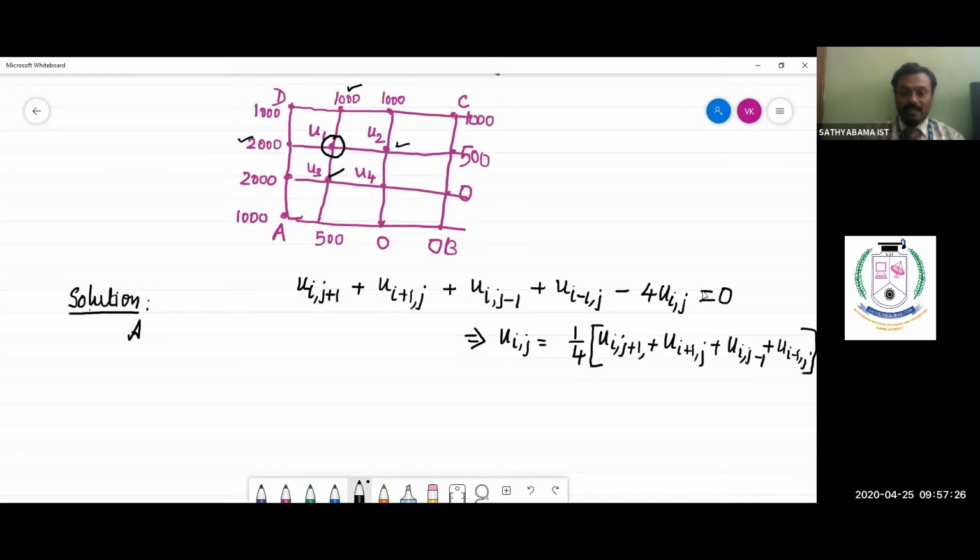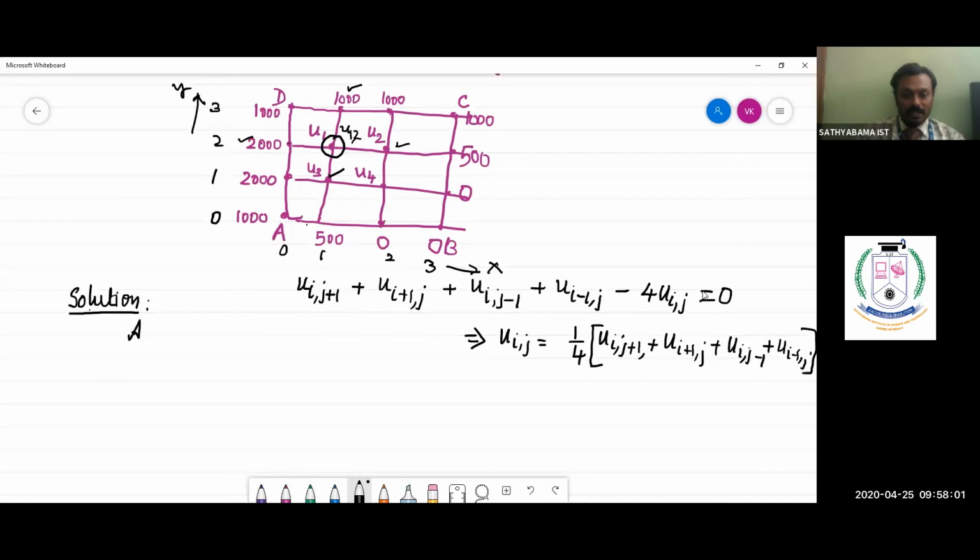So applying these conditions, take this point. To be very precise, it is u1, with i equal to 1 and j equal to 2. In the y direction, we have j values 0, 1, 2, 3. This is the direction of y, that is j. And in the direction of x, we have the i values 0, 1, 2 and 3.